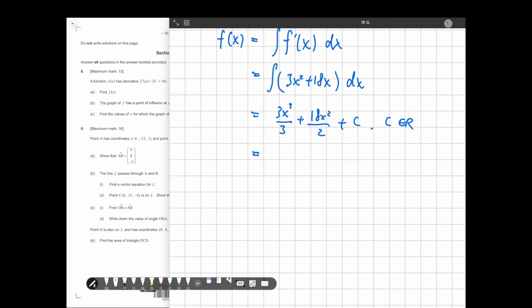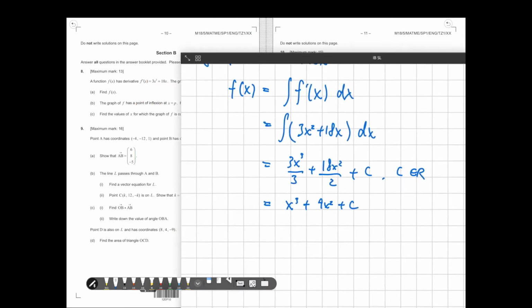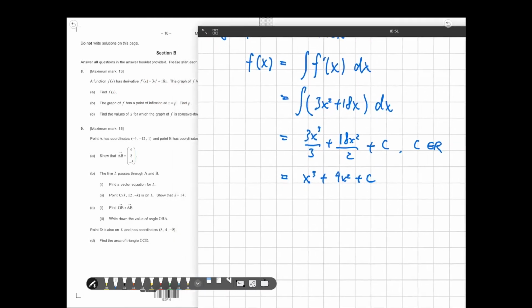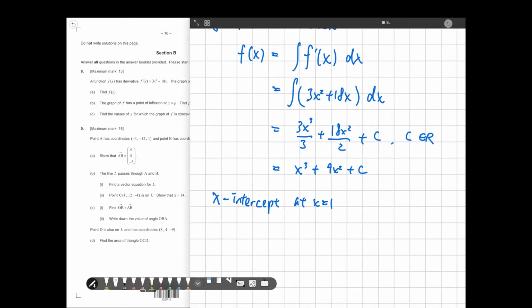So we simplified the function. So that is the answer. And oh no, we can do more because we have the x-intercept at x is equal to -1.